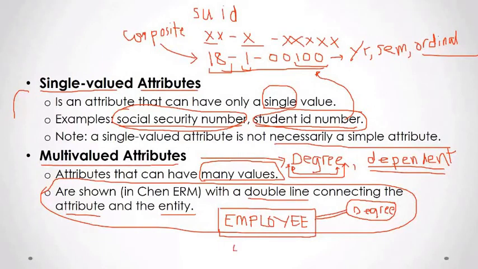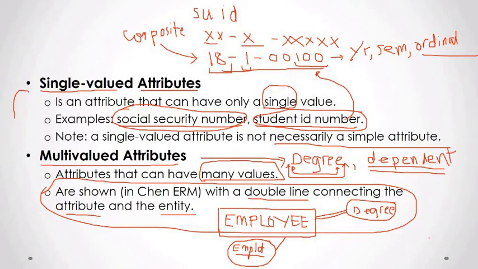So for example, you have here emp ID. Now emp ID is not a multi-valued attribute, so we normally connect this with only one line.